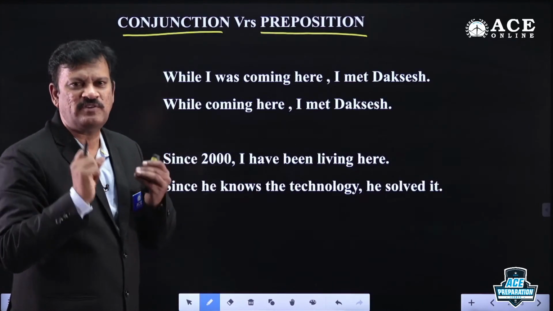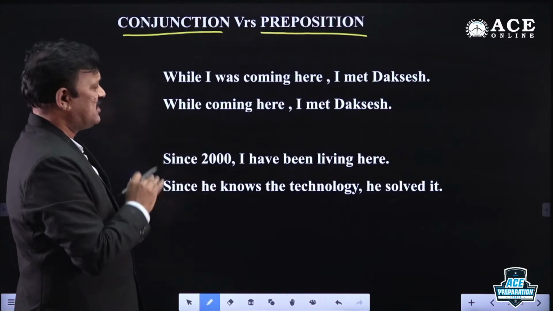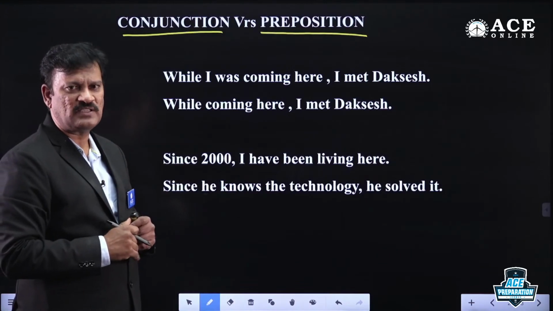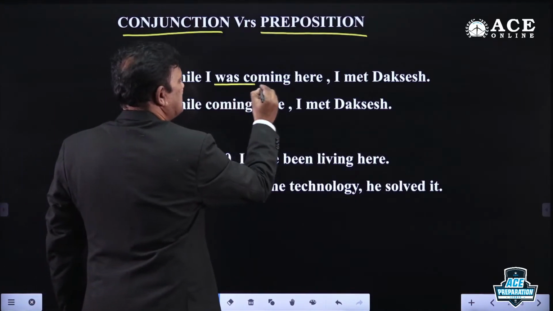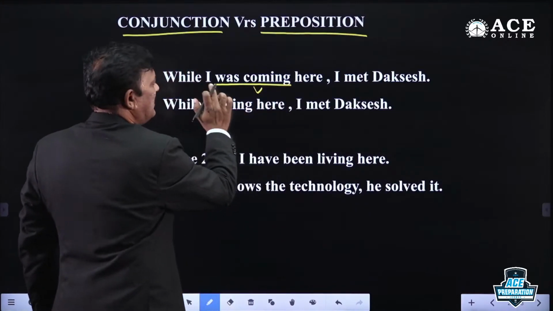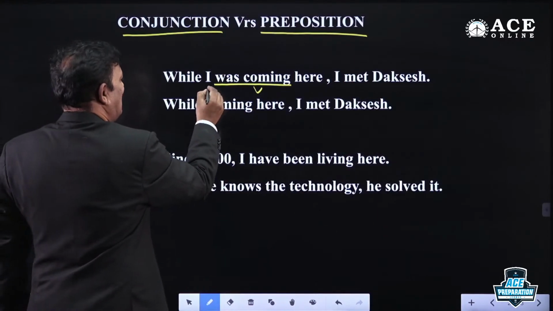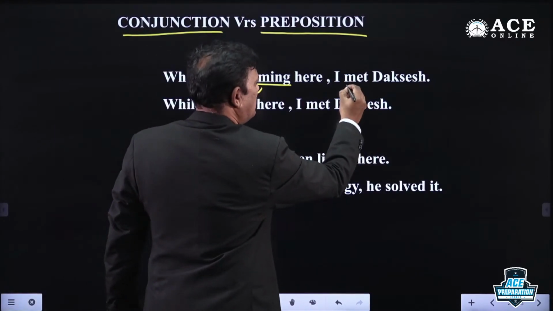It's very simple if you know this point. Look at this. Just break the sentence into simple, compound, complex. That's what we do. Find out the verb. Was coming. While I was coming here, I met Dakshesh. Subject. One more.